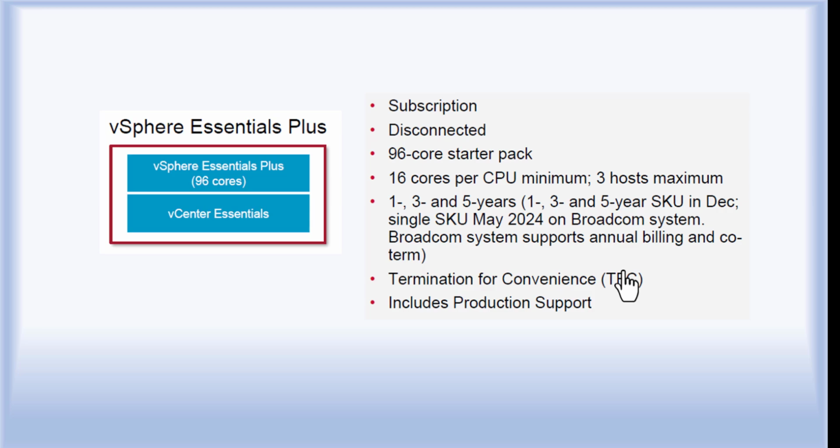As you can see here, 16 cores per CPU is the minimum for licensing, and you can use it if you have a maximum of 3 ESXi hosts in your environment. The licensing model is a subscription, like the previous slide for vSphere Standard. Nothing has changed regarding the subscription model. They all follow it.